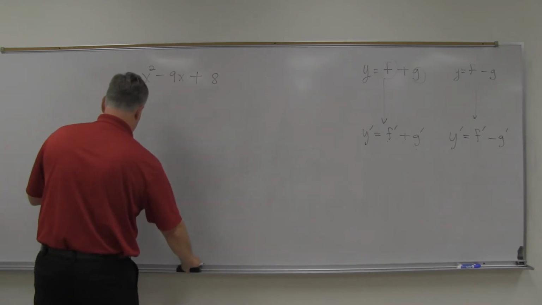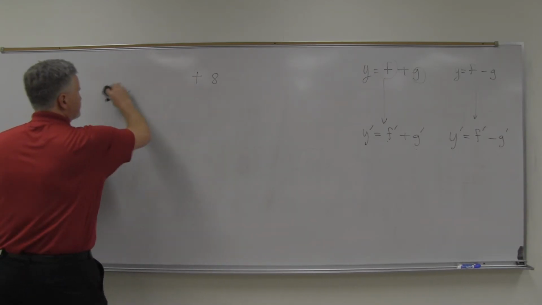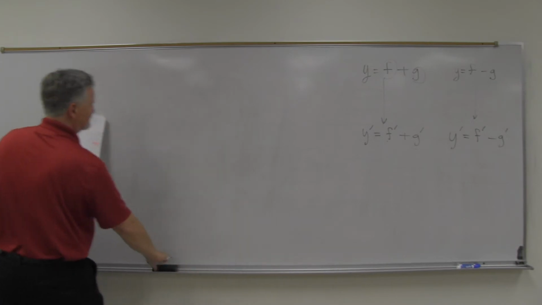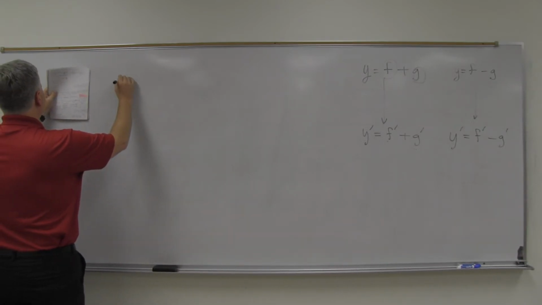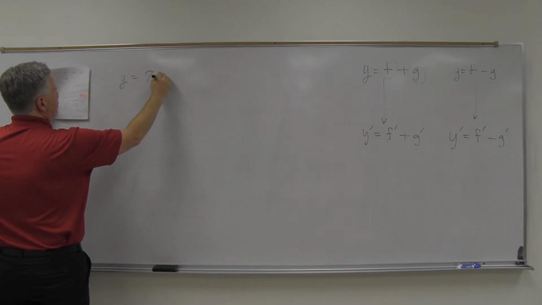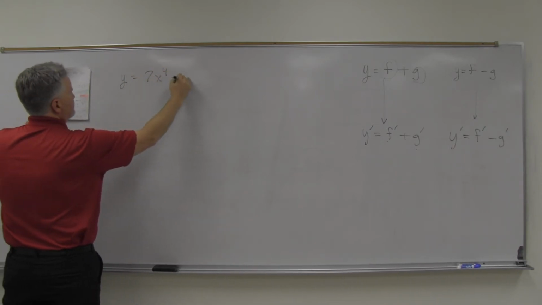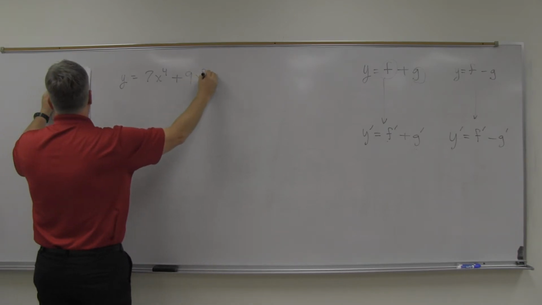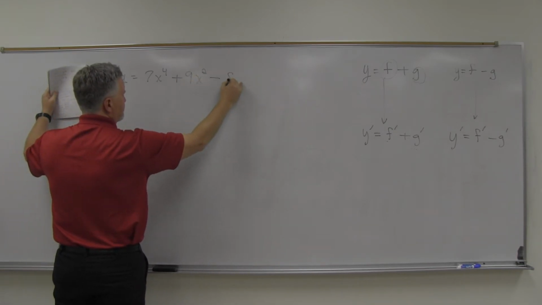Let's do this one. Sorry, I think that one's for next time. All right. If I have y equals 7x to the fourth plus 9x squared minus 8.